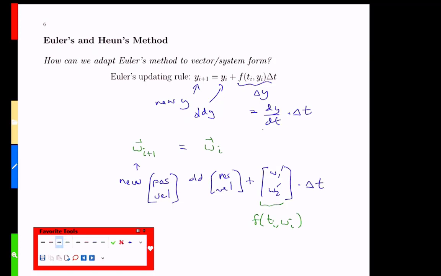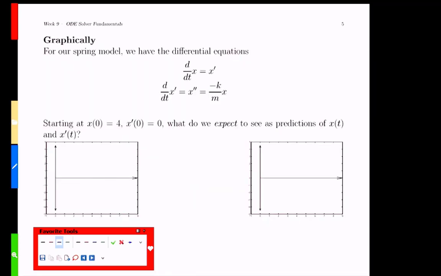So what we have to worry about now that we didn't have to worry so much about before is what's a vector, what's a scalar. If I'm talking about position velocity, that's always going to be a vector. My old position velocity is a vector. The derivative, which is dw/dt, is going to be a vector of the two derivatives. In fact, we have that on the last page. This is our vector of two derivatives, d/dt of w1 and w2.